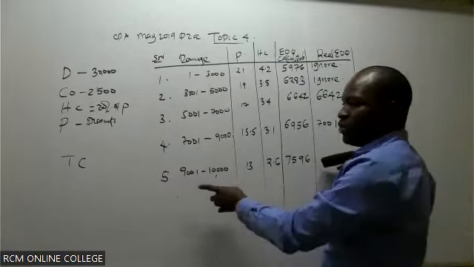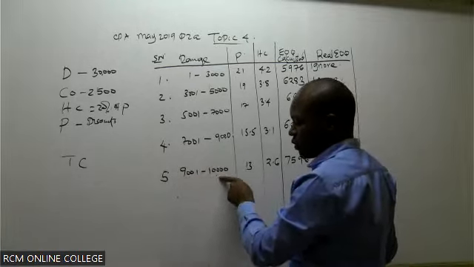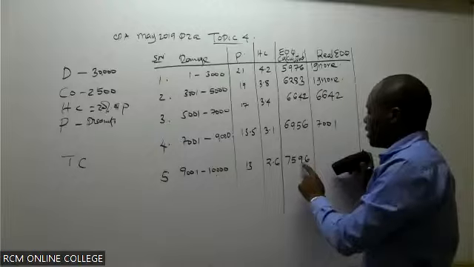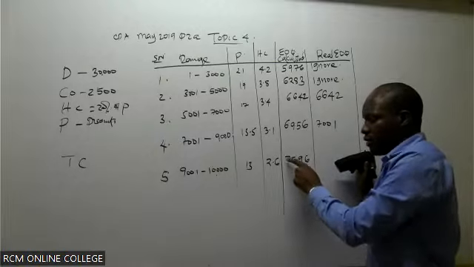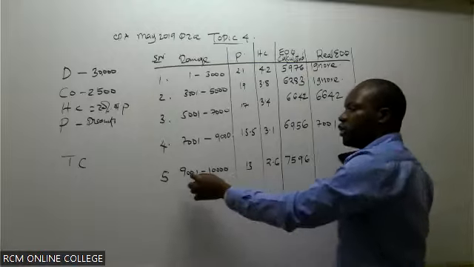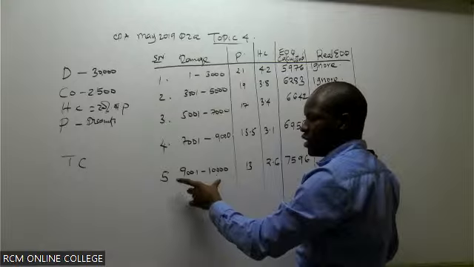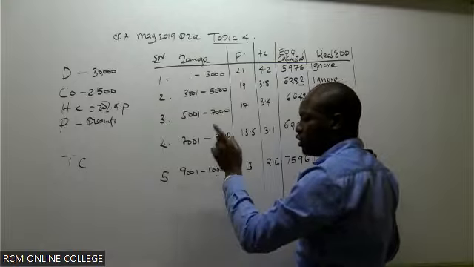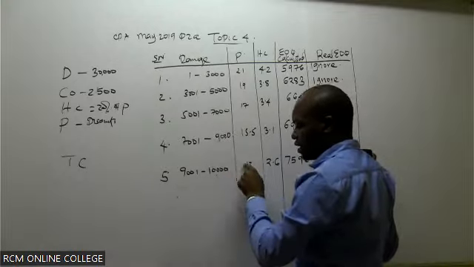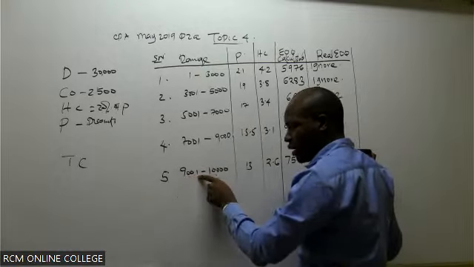Now, if I come to this range, it is 9,001 to 10,000. My calculated economic order quantity is 7,596. It is below this range. But for me to be able to purchase these goods at 13 shillings, I must order at least 9,001.